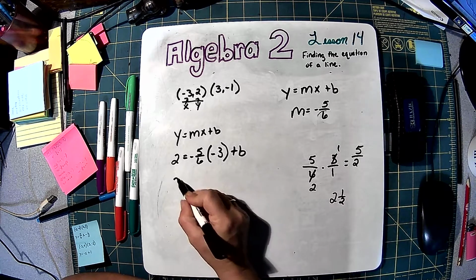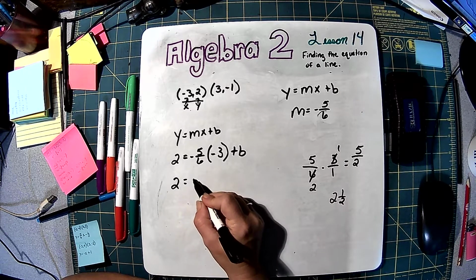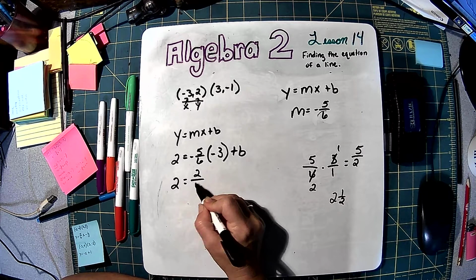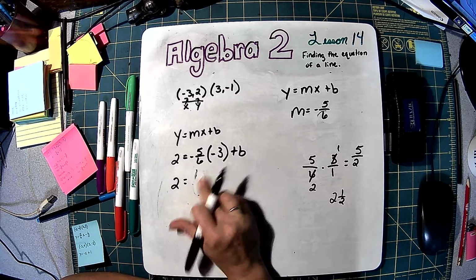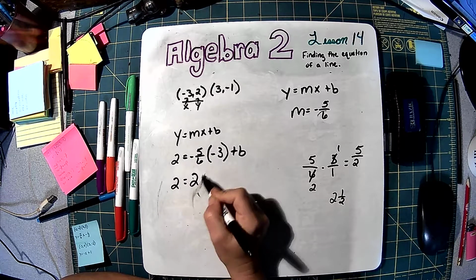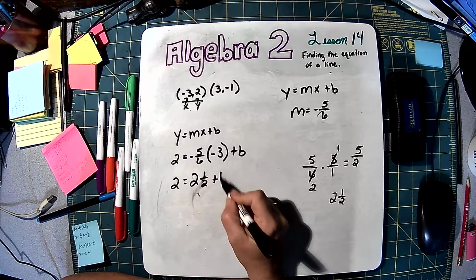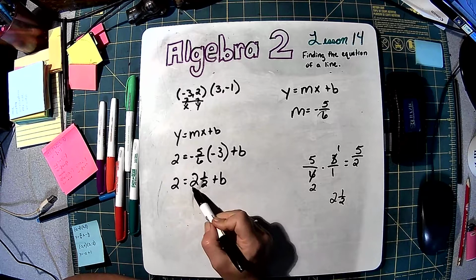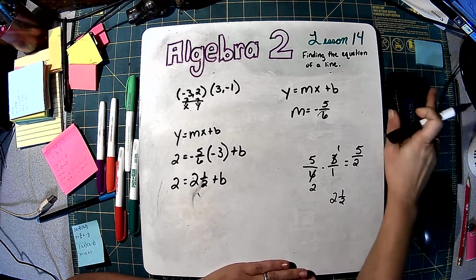Okay, so now we have 2 equals 2 1/2 plus b. Okay, so this 2 1/2 just came from multiplying 5/6 times -3.